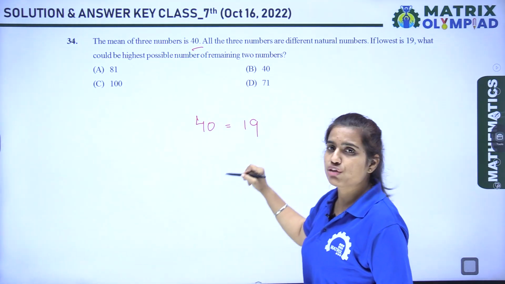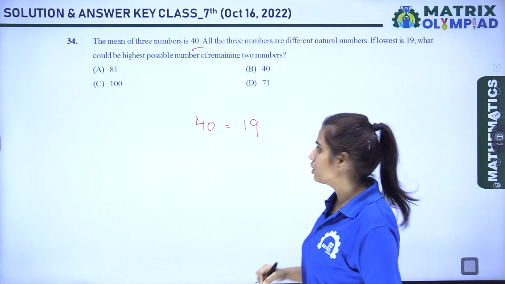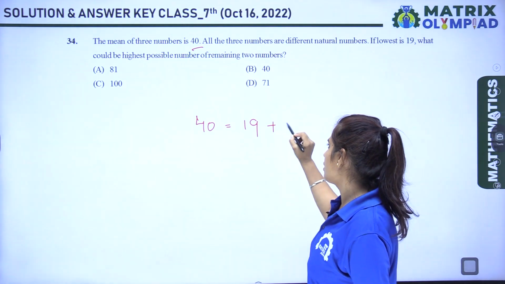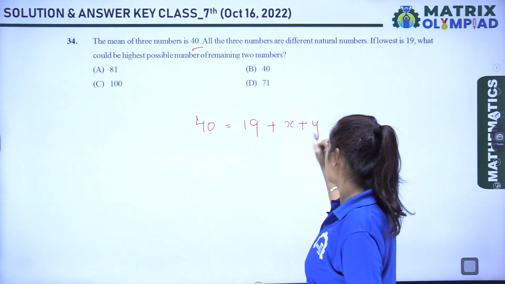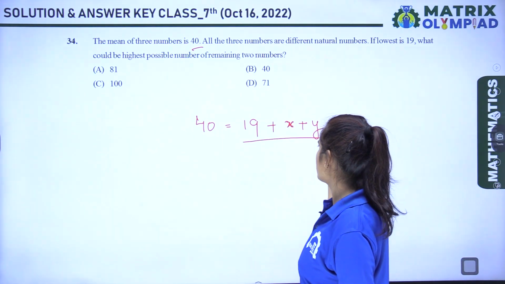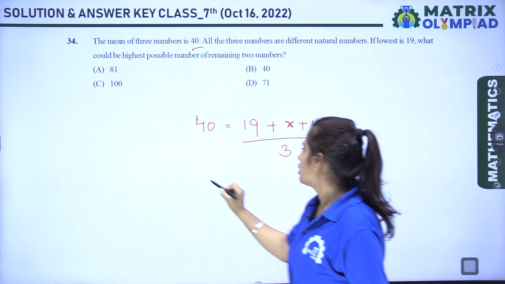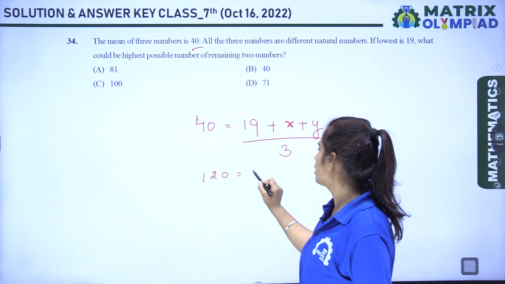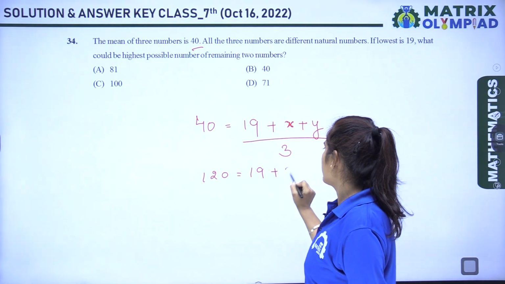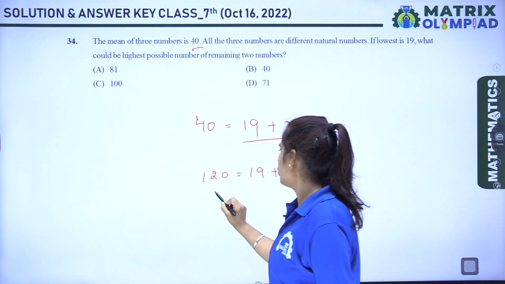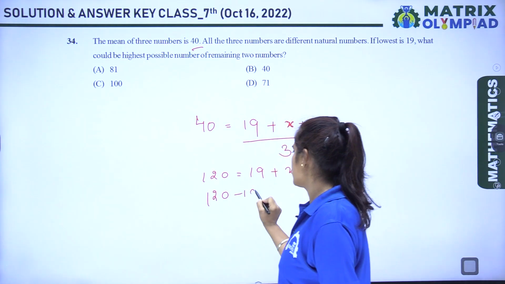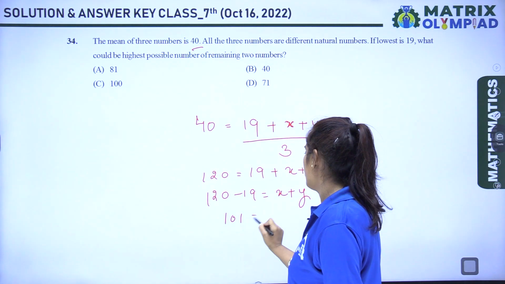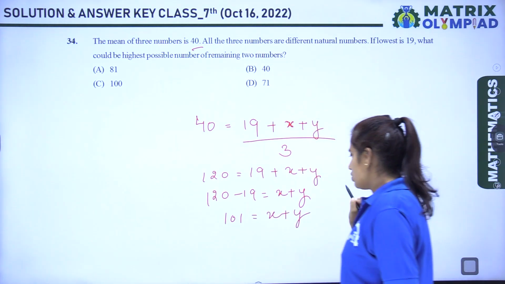The formula for mean is the sum of all the observations upon the total number of observations. Here we have 3 numbers, that is 19, x and y. Let the 2 numbers be x and y, over 3. Now the calculation will be like this: 120 equals 19 plus x plus y. So we get 120 minus 19 equals x plus y, that is 101 equals x plus y.